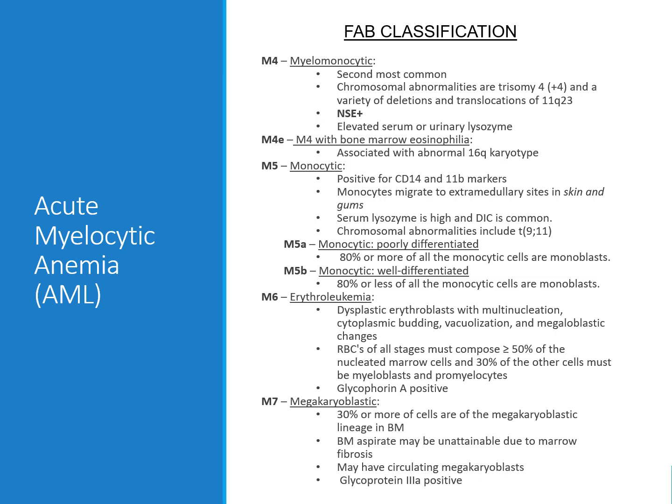This is going to be associated with an abnormal 16q karyotype, and of course, obviously, a blast is a blast is a blast. We wouldn't really be able to determine that this is associated with eosinophilia until we get back our cytogenetic testing, which tells us that this has an abnormal 16q karyotype.